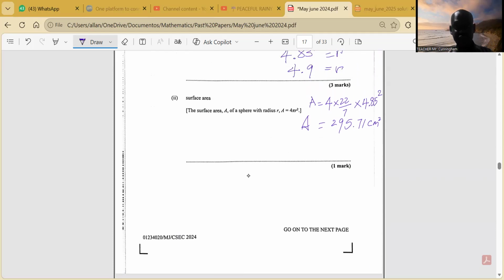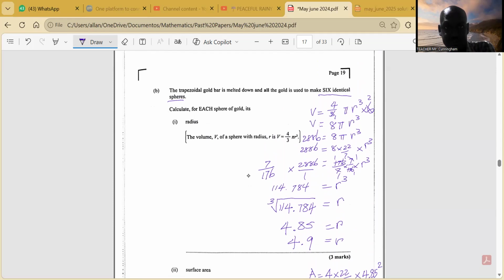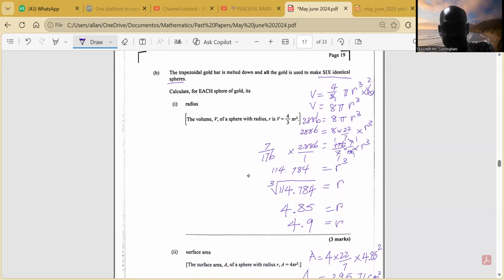How much was the volume of the gold bar again? 295.7? No. Oh, wait, sorry.